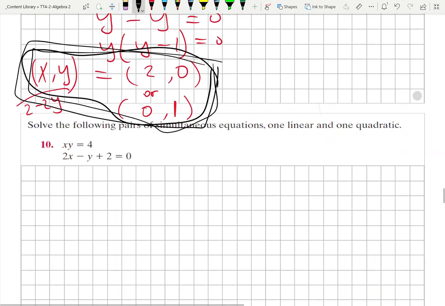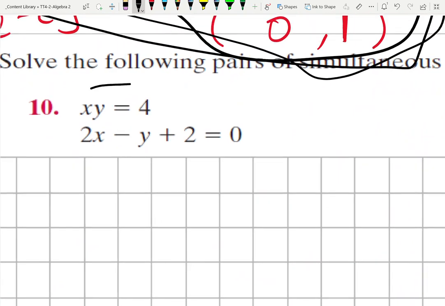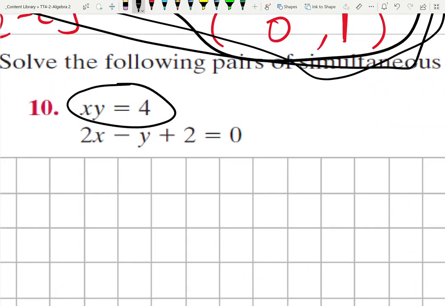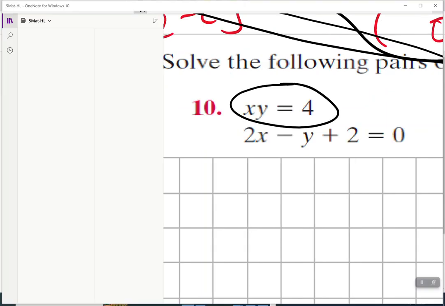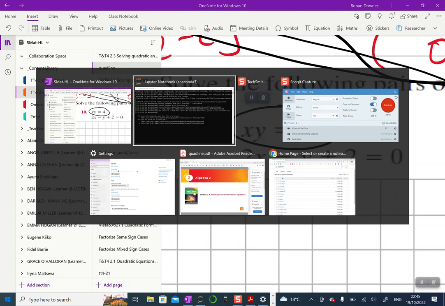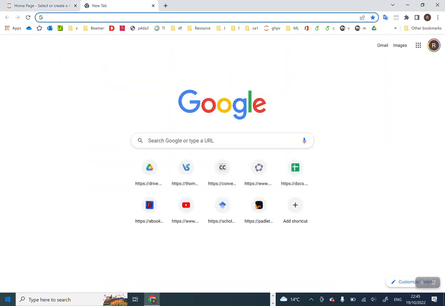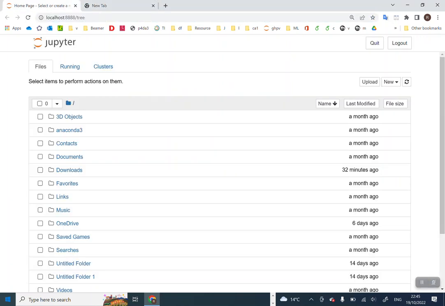Okay. xy equals 4. Let's just take a quick look at what that looks like. Those of you who know a bit of coding will recognize that as a Jupyter notebook, whatever it's called, you tell me what that is.